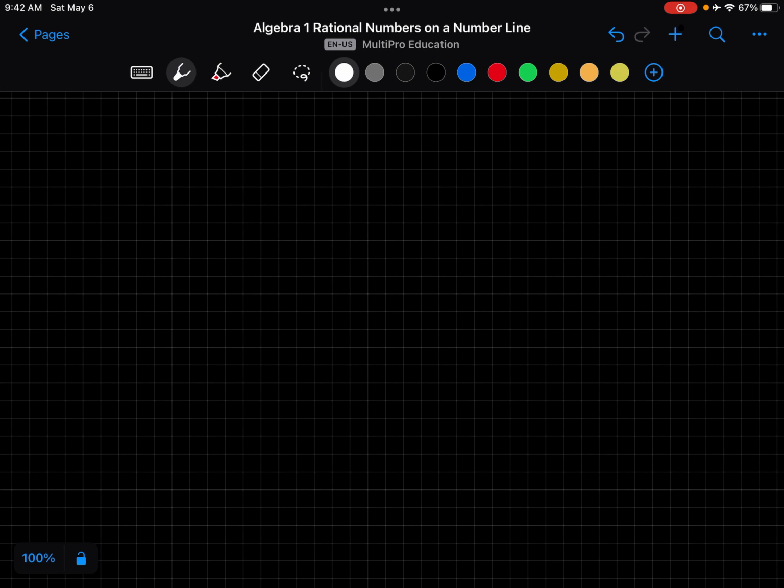Okay, let's look at a definition. Rational number. What is a rational number?